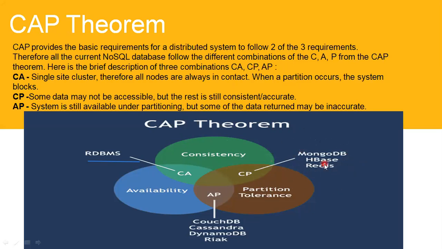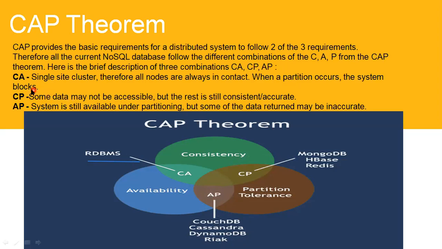So CA provides the features of RDBMS, and then MongoDB, HBase, and Redis provide CP. CouchDB, Cassandra, DynamoDB, that is DynamoDB was for Amazon, and Riak. These four NoSQL databases provide the features that are AP.